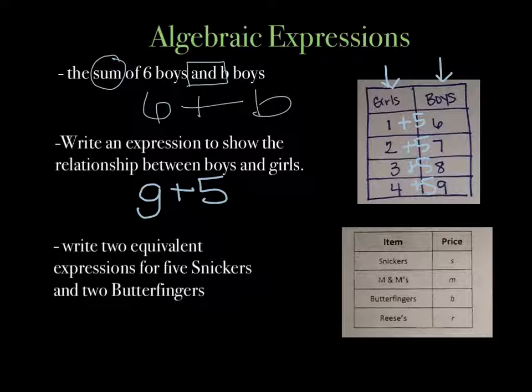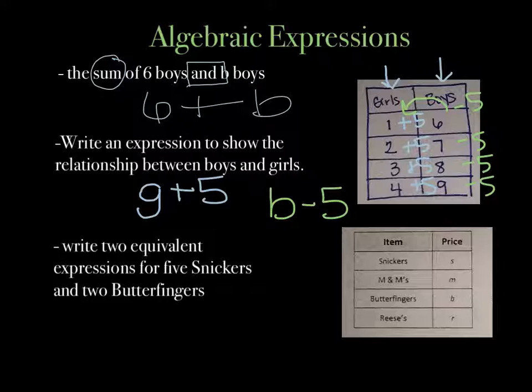If you wanted to talk about it the other way, you could talk about boys. To go from boys to girls, you are subtracting 5 each time, but since you are starting with the boys and then subtracting 5 to get girls, then you would say B minus 5. Both of those would work because it shows you the relationship between boys and girls.